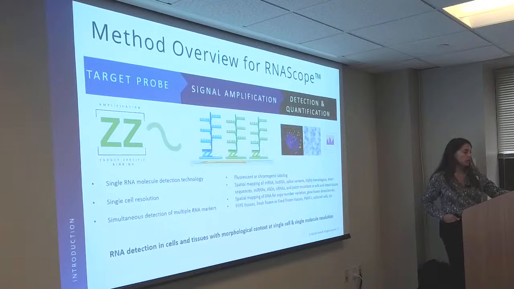It'll let me pile on a significant amount of chromogen or fluorophore to give us some signal amplification. The outputs from RNAscope for detection and quantification are either fluorescent or bright field. And there are a variety of different tools and software packages out there to give you the closest quantitation of these signals suitable for your further analysis.